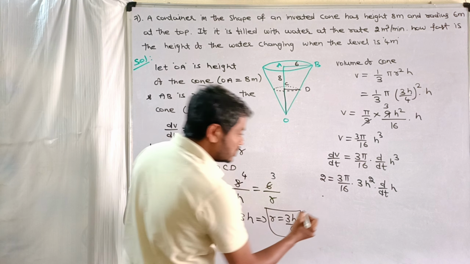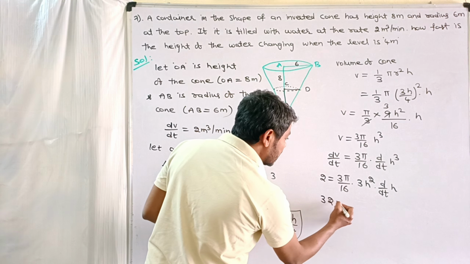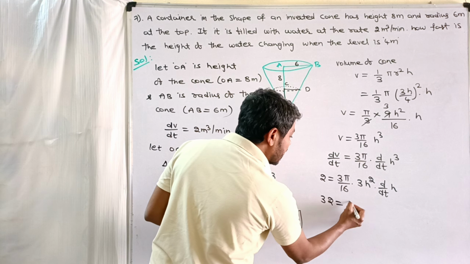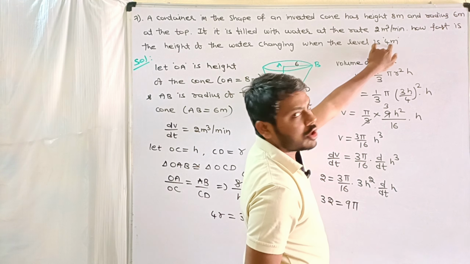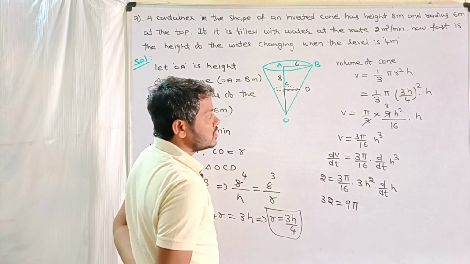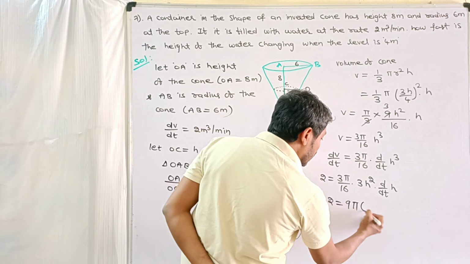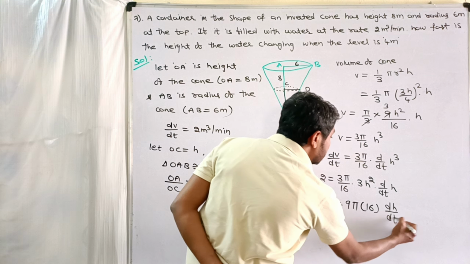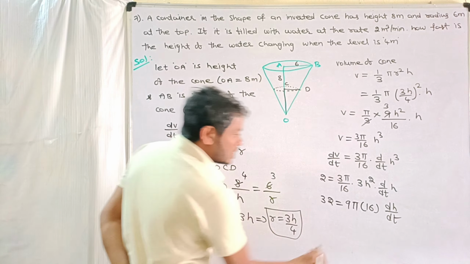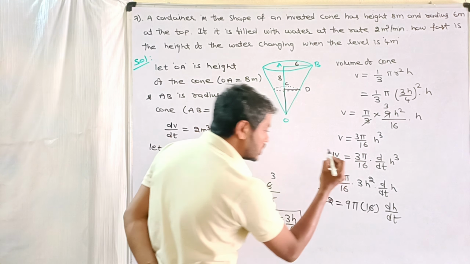16 into 2, 32, which equals 3 into 3, 9 pi. And what is h? 4 meters. That is h square, 4 square, that is 16, into dh by dt. So here 16 ones, 16 twos.